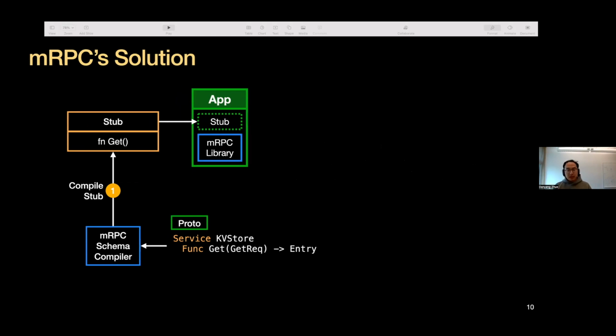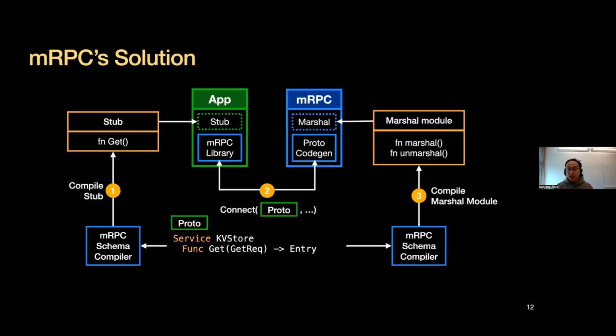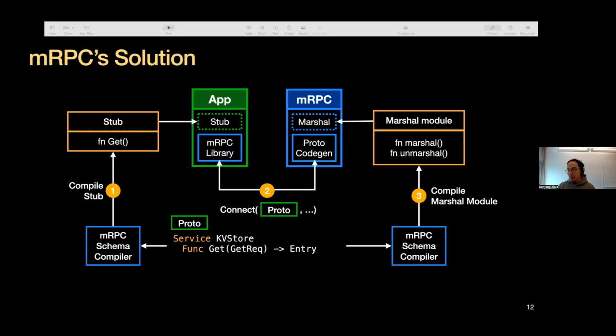So given a proto file, we want to generate some stub for the application to use, but we want to have a separate part, the marshalling and unmarshalling part, which is decoupled from the stub, and it is injected into the mRPC system service side.